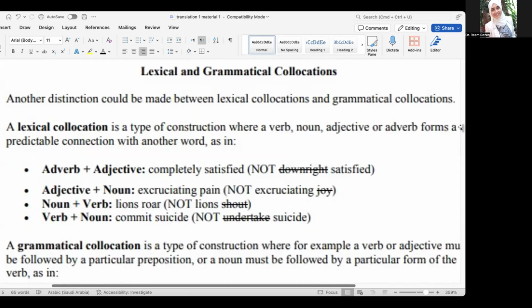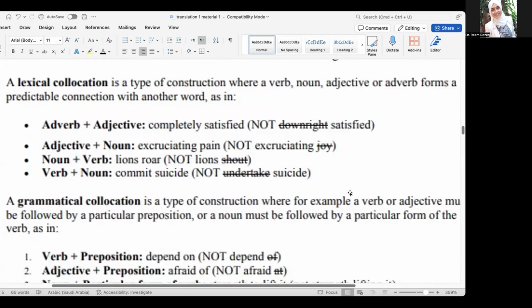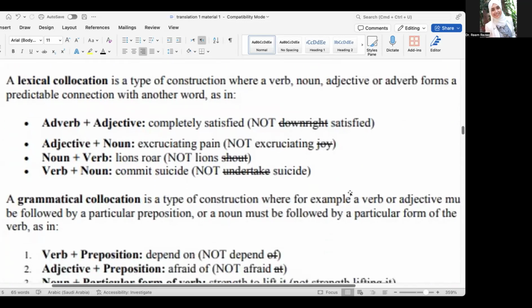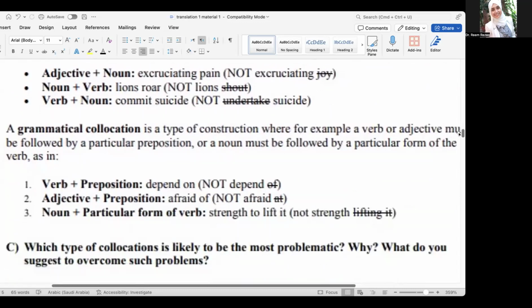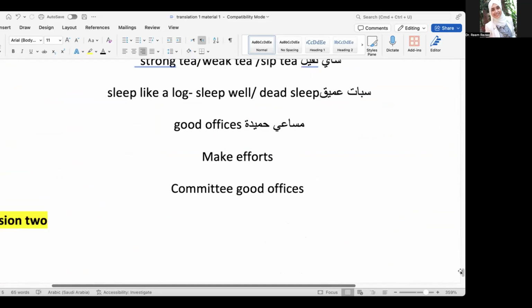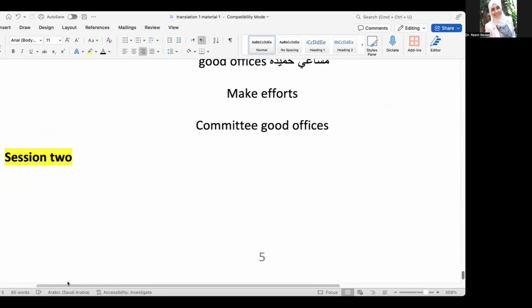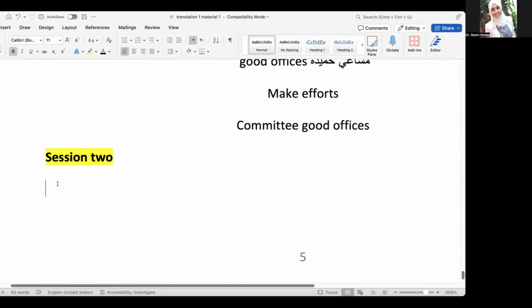So here also we have grammatical collocation. But before we move to grammatical collocation, I just want to write down some notes. For example, public transport. You can say public transport, not general transport, okay? Fully aware, for example, fast food, not quick food.